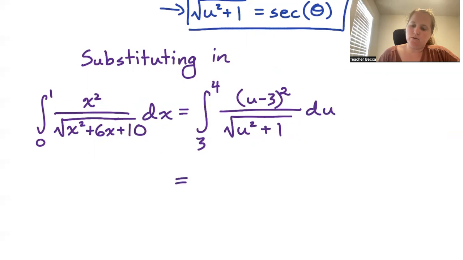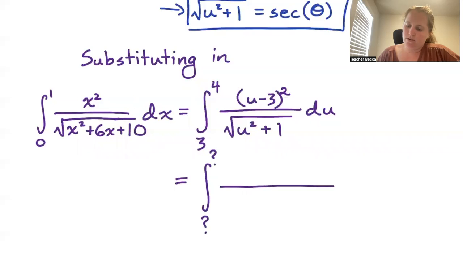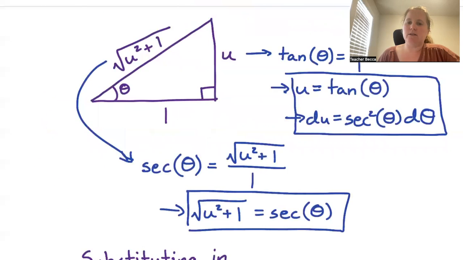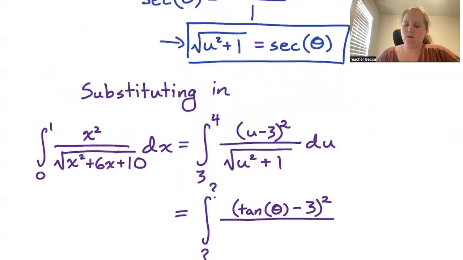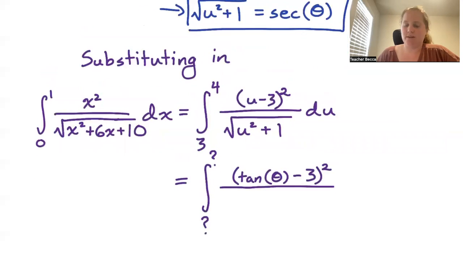This is equal to, I'm going to leave question marks for my bounds for now, a definite integral from something to something of u was tangent theta. So we have tangent theta minus 3 whole thing squared over square root u squared plus 1 is secant theta.